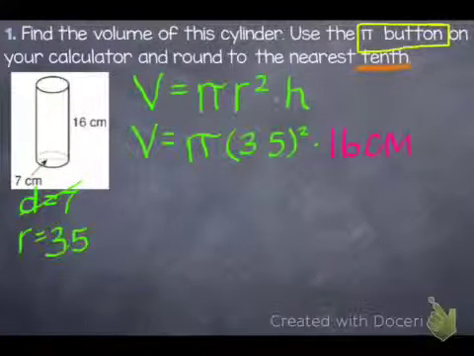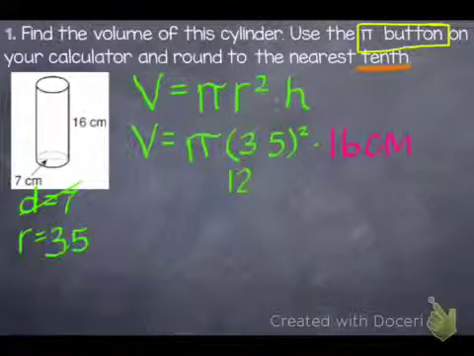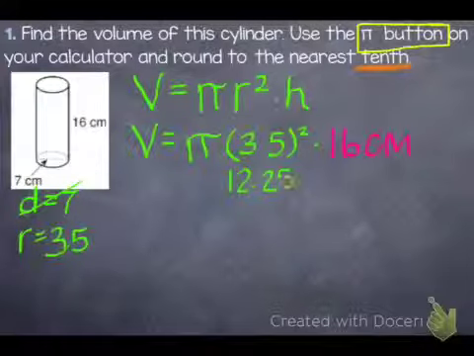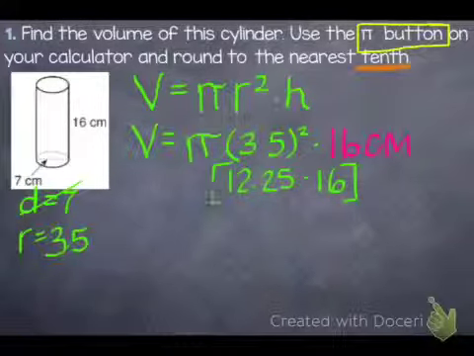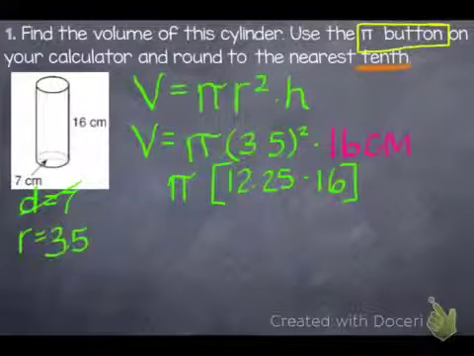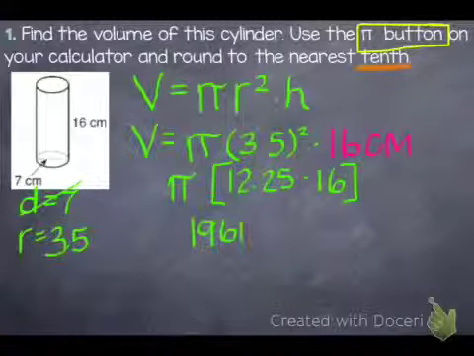So putting 3.5 times itself into the calculator, I'm going to get 12.25, and then this is going to be times 16, and all of that is multiplied by pi. So I end up getting 196 pi.